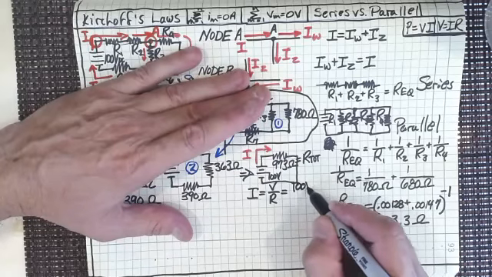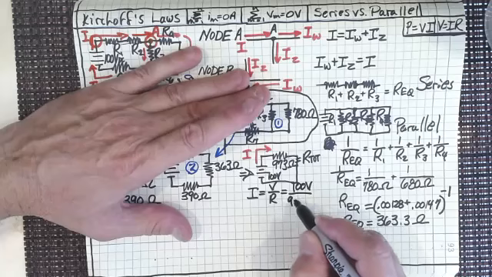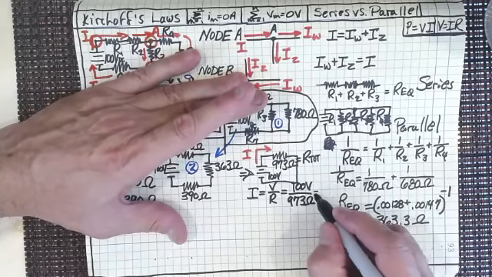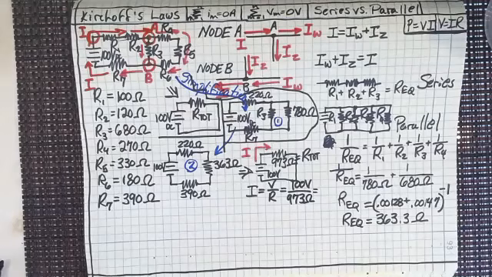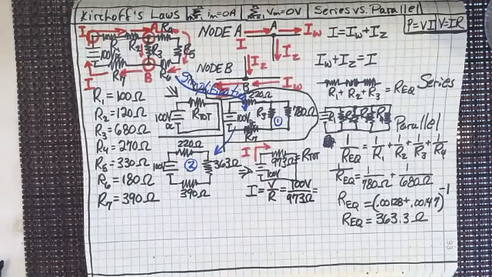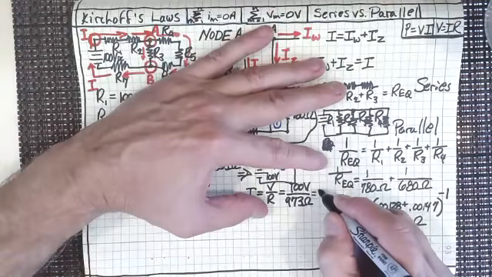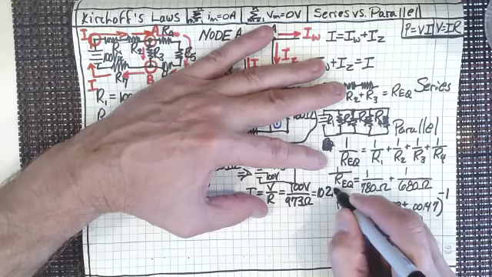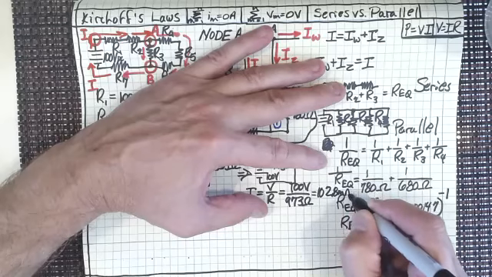So let's look at this then. We've got 100 volts and we've got 973 ohms. What type of current does that give us? Well, it's about 100 milliamps, I would think. 100 volts divided by 973 ohms gives us 102.8 milliamps.